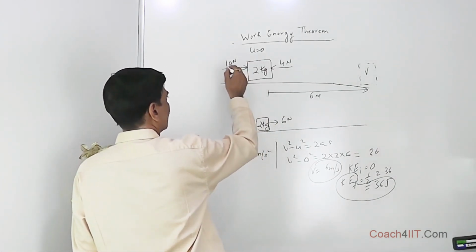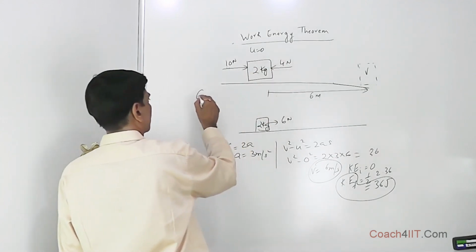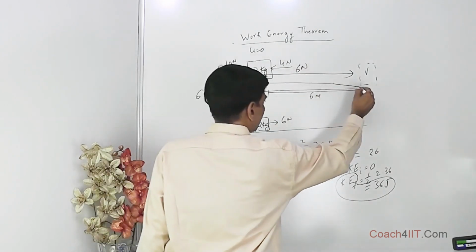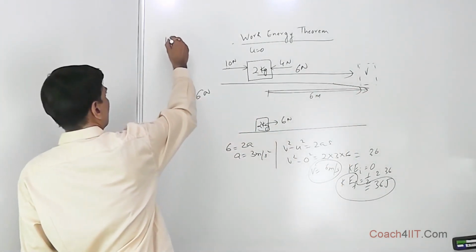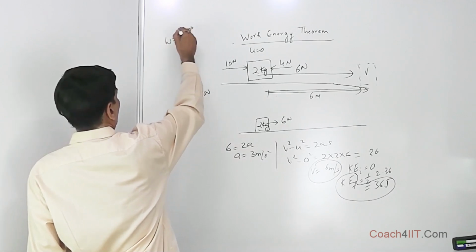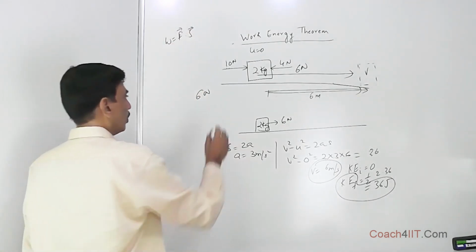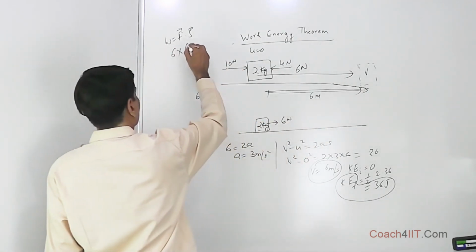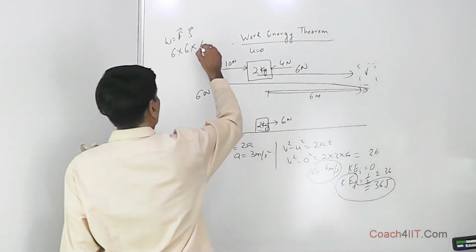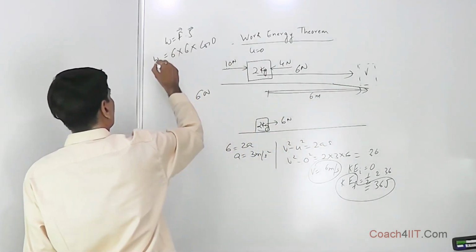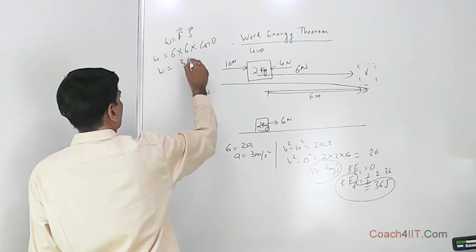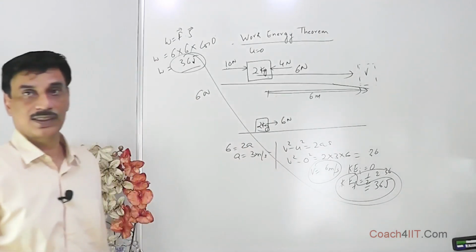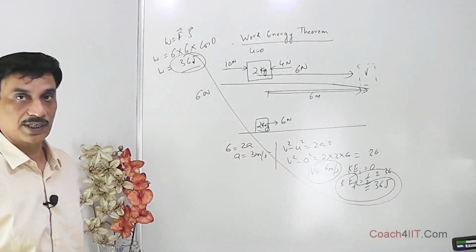The resultant force is 10 minus 4, that is 6 Newton in this direction, and the displacement is also in this direction. Work is the dot product of these two vectors, F dot S. Force is 6 Newton into displacement 6 meter, and the angle between the two is 0, cos 0 is 1. So work is 6 into 6, that is 36 joule. It comes out to be the same answer as the change in kinetic energy of this body.